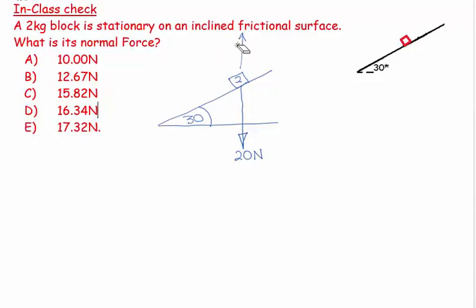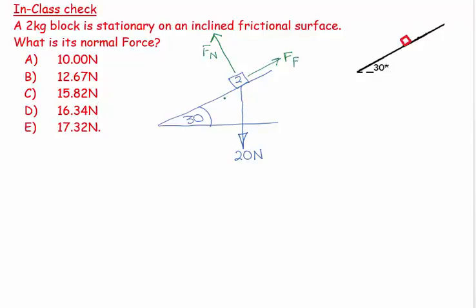But for these problems we prefer to divide up that force into two components, and we have a frictional force, which we'll call Ff, and we have a normal force, Fn. So these two forces are the components of the reaction force to this 20 newtons.